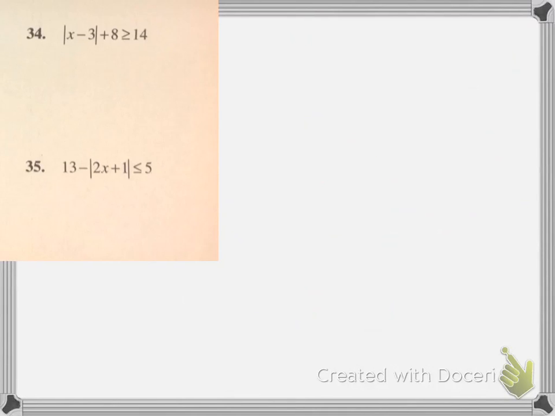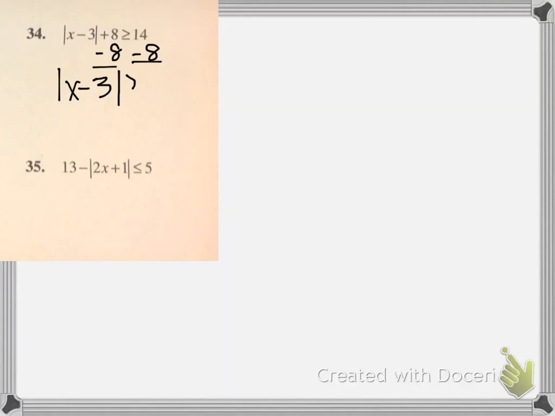Now the thing to remember when you're working is you have to have your absolute value isolated, meaning we can't have this +8 on this problem, so I would need to move that 8 to the other side. Oops, I didn't put my 3 in there.